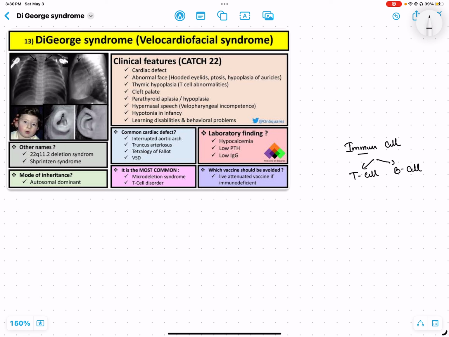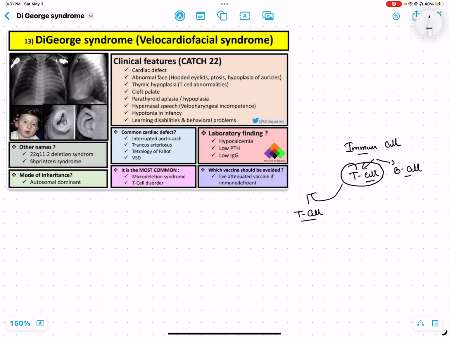Among the T cells and B cells, this is a T cell deficiency disorder, where DiGeorge syndrome fits in. How this T cell deficiency happens and how it presents physically, how it causes all the physical symptoms, is what we are going to discuss today.